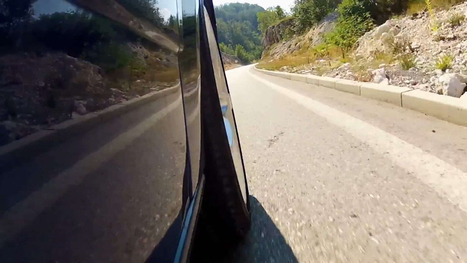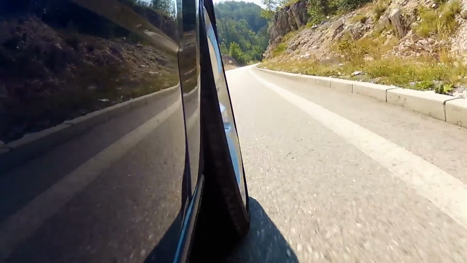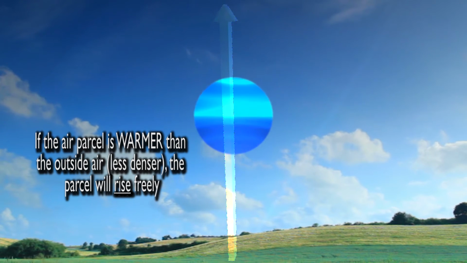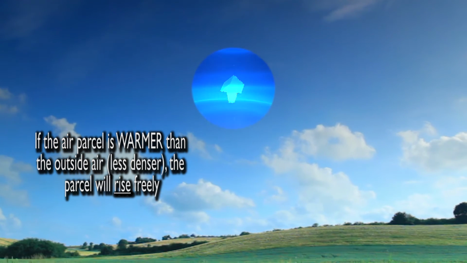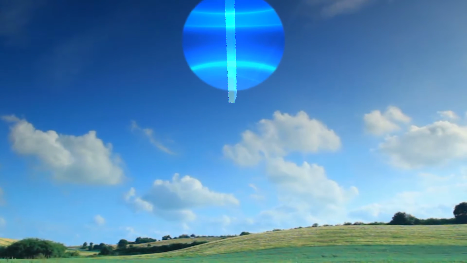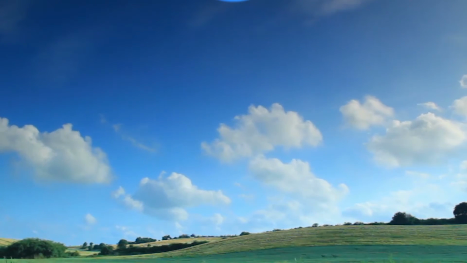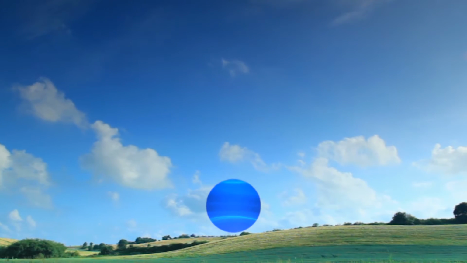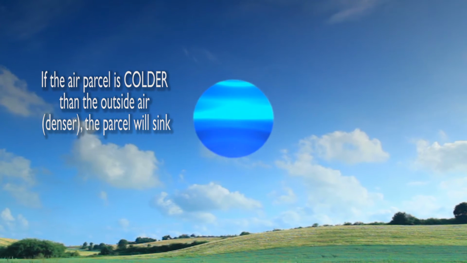Once we have lifted the air, we let go of the parcel and watch to see what happens next. If the air comes back to where it started, the atmosphere is called stable. If the air continues to rise, the atmosphere is unstable. In the figure above, the air in the parcel has ended up colder and denser than the surrounding air.